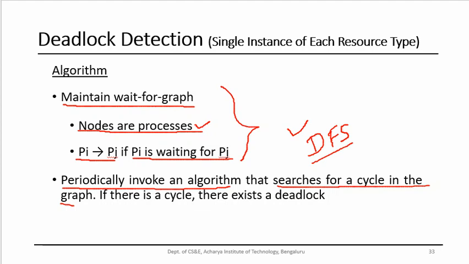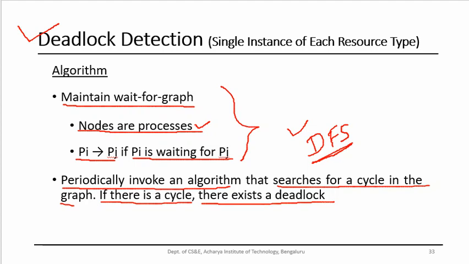If you want, you can refer to other resources to understand how DFS can be used to find the cycle in the wait for graph. If you run the algorithm and find a cycle, then a deadlock exists. This is the way to detect the deadlock.